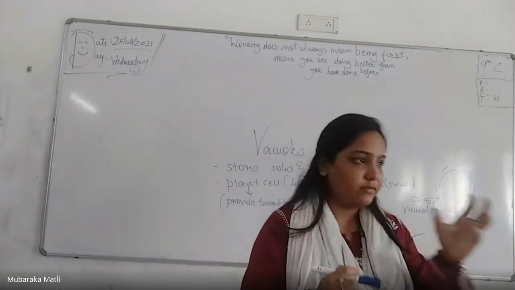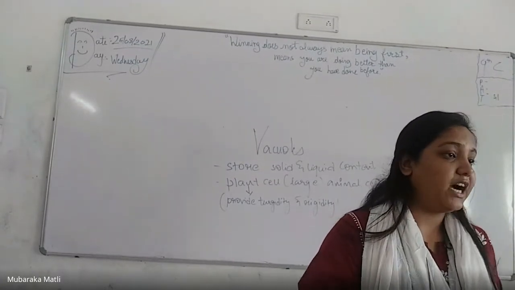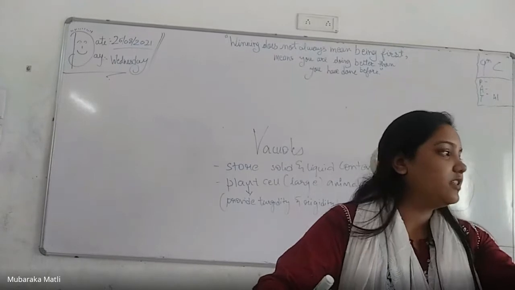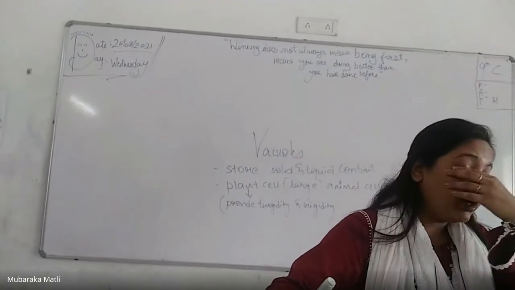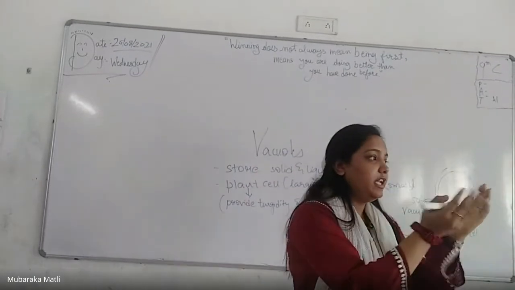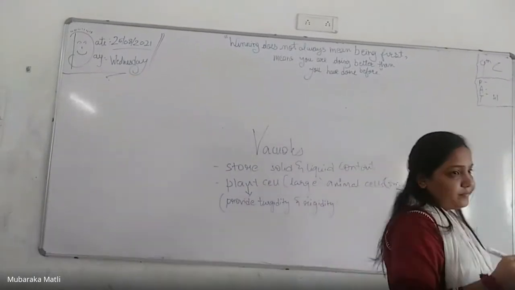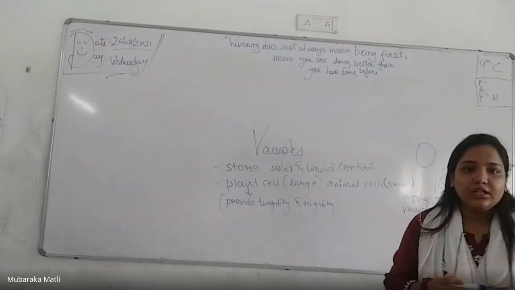Rigid is hard. It provides hardness. It makes the cell strong. And what is turgidity? Turgidity is it keeps the cell in round shape, full of water. Okay, that is called turgidity.